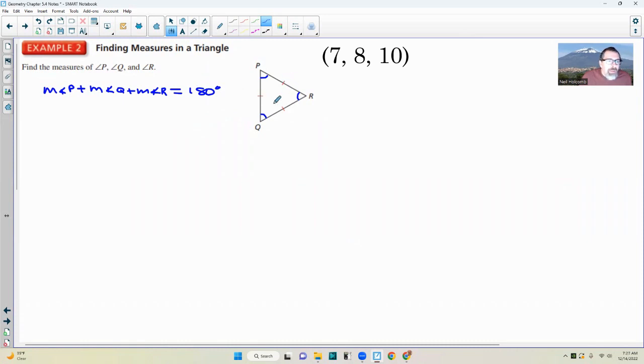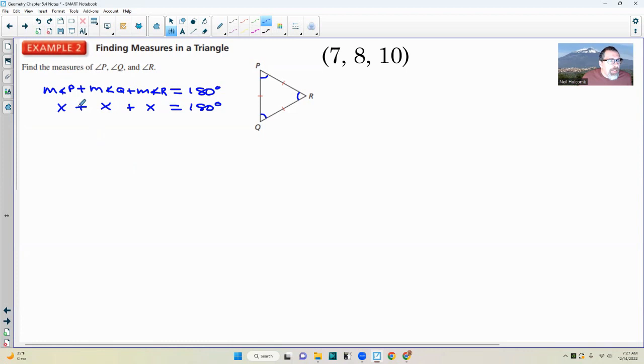Now I know that these three sides are congruent, therefore the opposite angles are all congruent. I don't know what they are, so I can just call them X. Since they're all equal, I can call them the same thing, and we're going to call them X. So I have X plus X plus X equals 180 degrees because all these angles have a measure that we don't know that are the same.